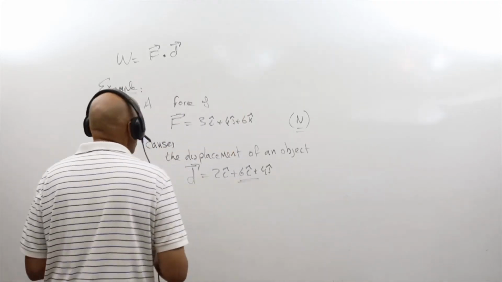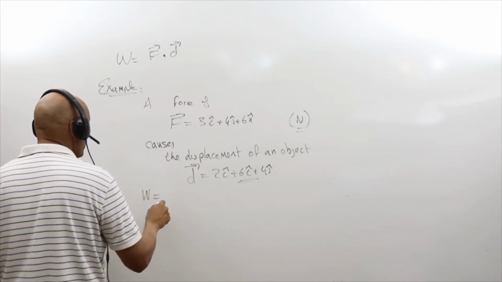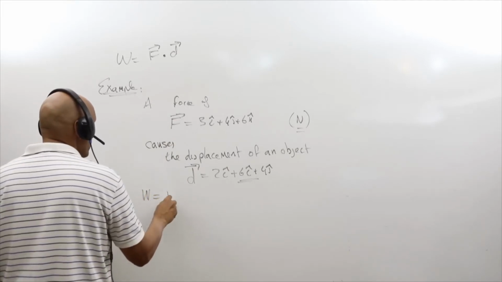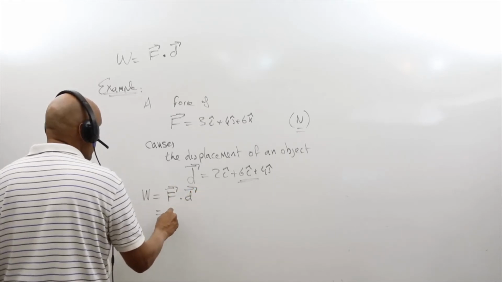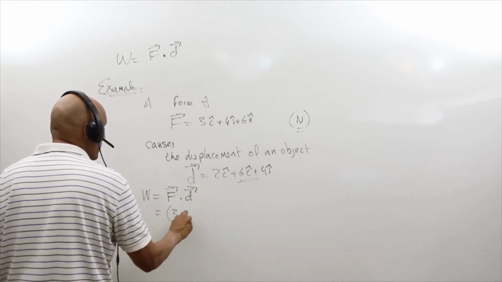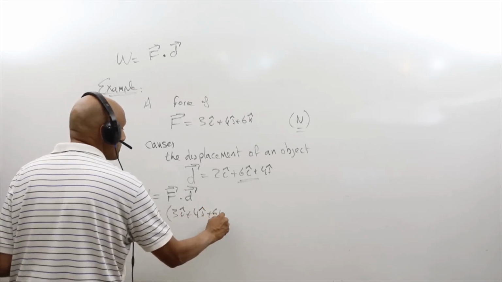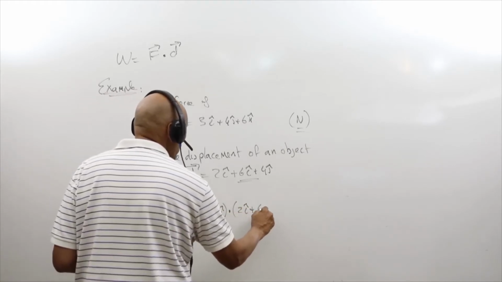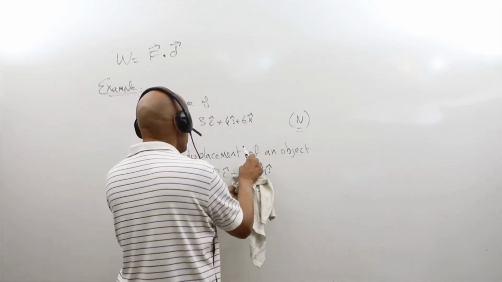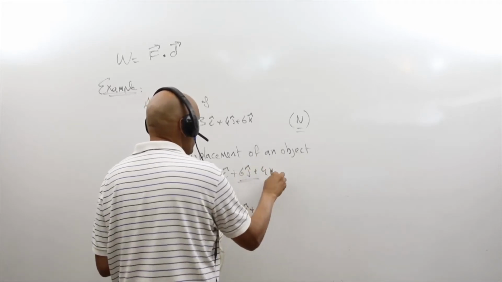So in this case, we can use the definition of work. Work is a scalar value, and it's equal to F dot D. In this case, it happens to be 3i plus 4j plus 6k dotted with 2i plus 6j plus 4k. Sorry, mistakes.